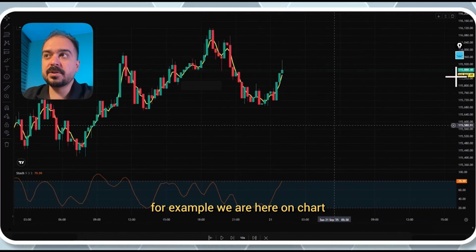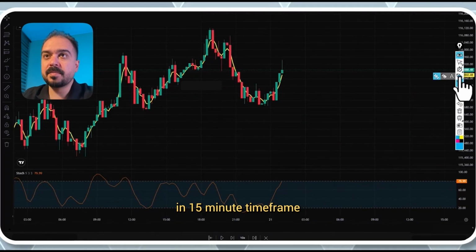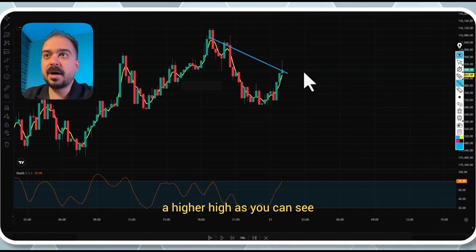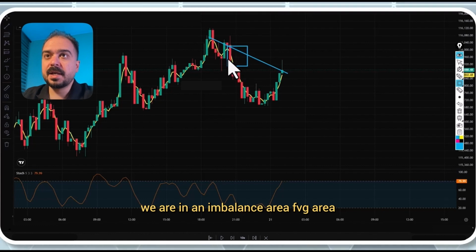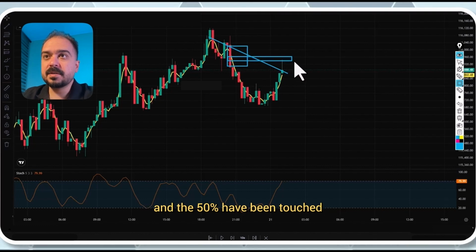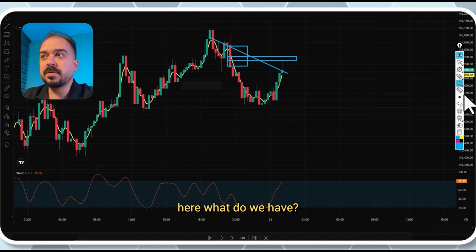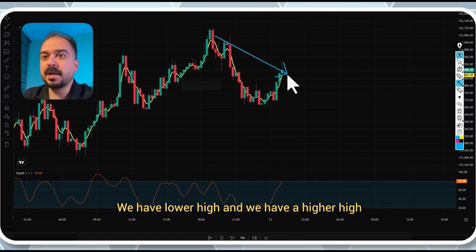For example, we are here on chart in 15-minute time frame. And we have a higher high. As you can see, we are in an imbalance area, in FVG area, and the 50% we've touched it. But here, what do we have? We have a lower high and we have a higher high.